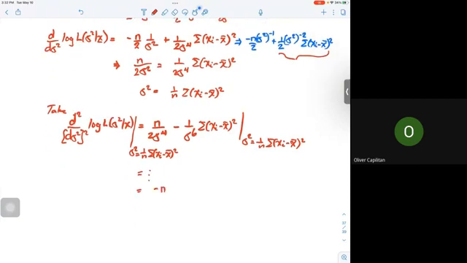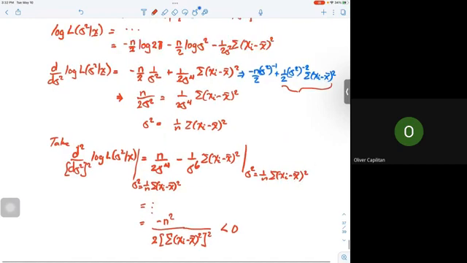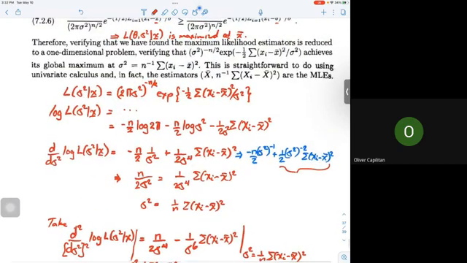We have negative n squared, simplify. Then we have here 2 times the summation of x sub i minus x bar, quantity squared, squared. And obviously, you can see that it's indeed less than 0.